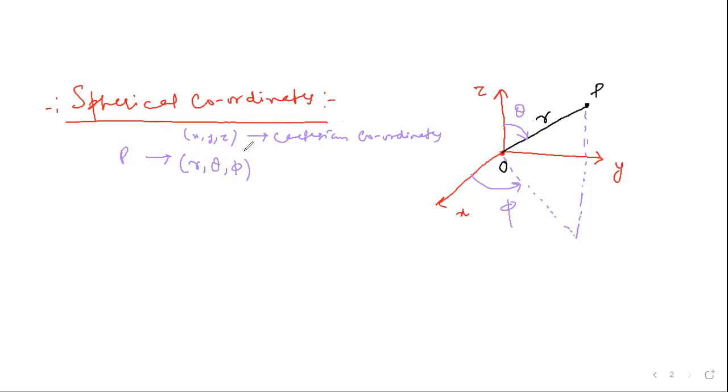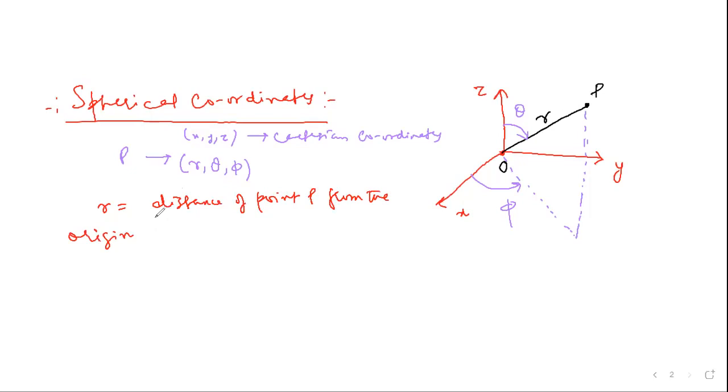What is r? Distance from the origin. Let me write it. R is the distance of point P from the origin, right?